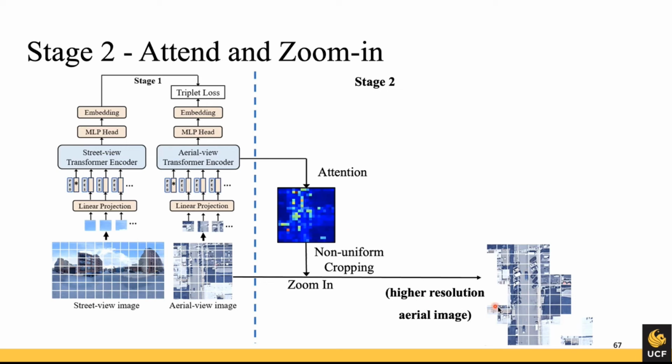And we are also using a higher resolution of the image. This is because in the traditional setting, the aerial image is usually very large, like 1,000 by 1,000 pixels.